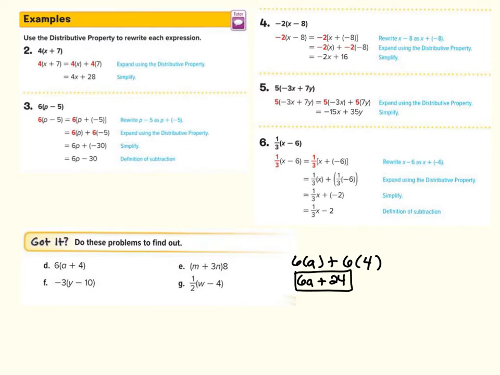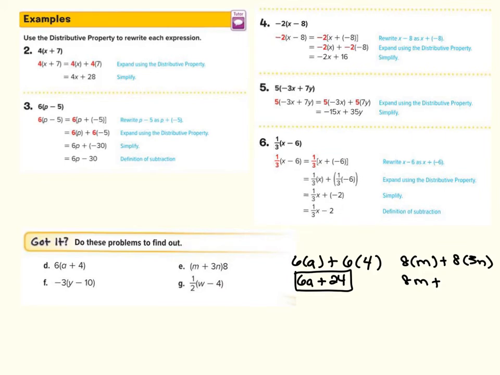E. So we have 8 as our factor, and we have two terms inside, so let's set it up. 8 is going to get multiplied to the M, and then 8 is going to get multiplied to the 3N. So we have 8M plus, now you can multiply the two numbers together, but the N is going to stay as a variable.